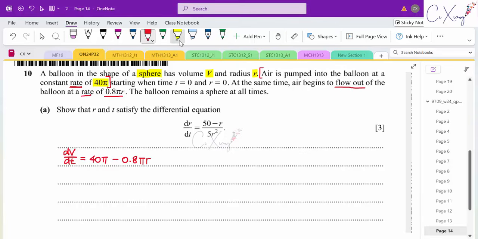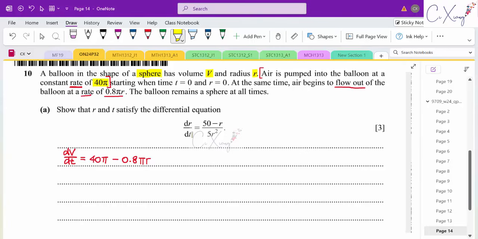Then now what they say is the balloon remains a sphere at all times. So show that r and t satisfy this differential equation. Okay, so from the paragraph or the question we have, right, we are getting this dV over dt. But in our question for part A, they want us to show the differential equation, which is dr over dt. So you can say this is dV over dt, this is dr over dt.